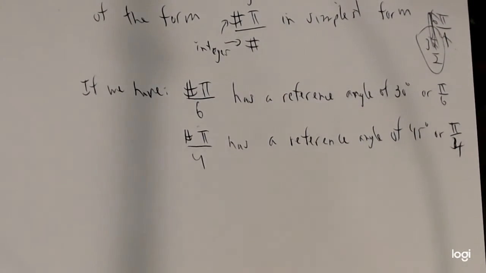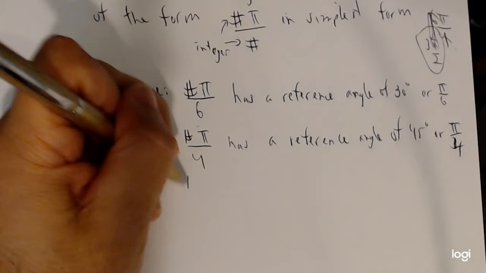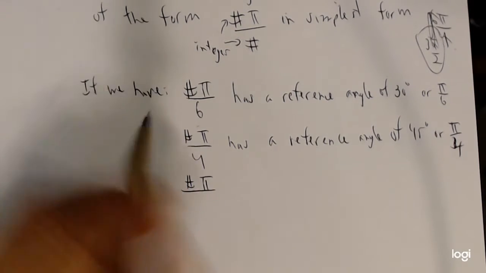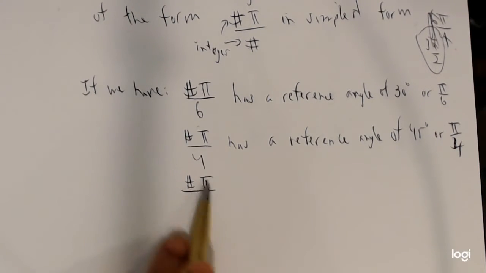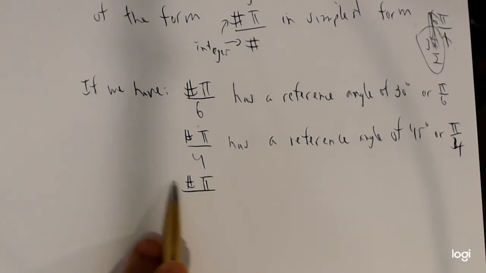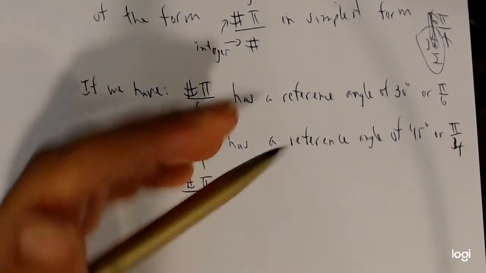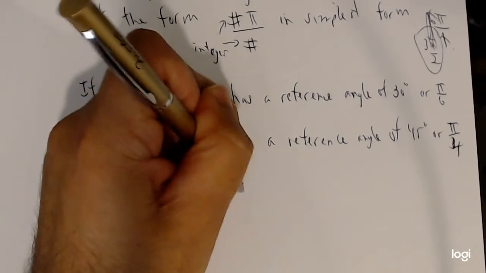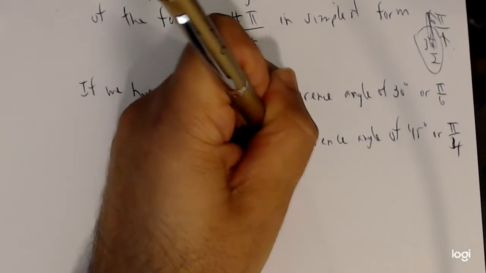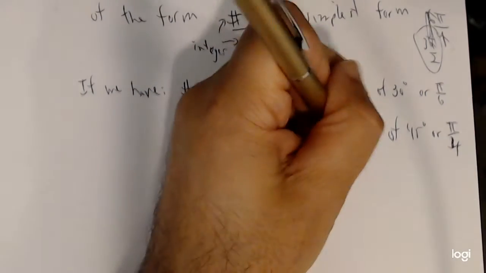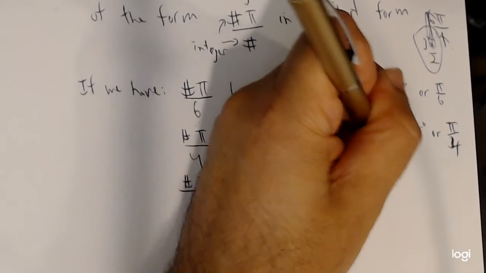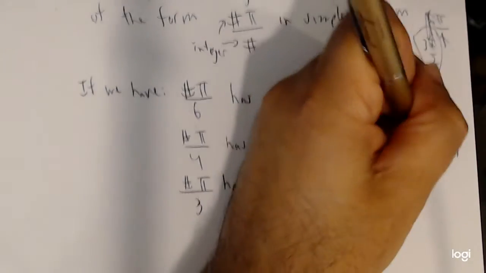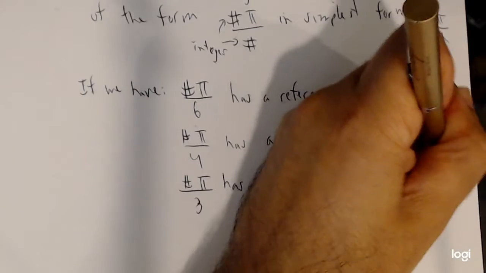And then the next one is, if we have a number pi over 3. This is just a number pi. We don't care, it could be negative. We don't care about the sign as long as it's an integer pi over 3. This has a reference angle of 60 degrees, or pi over 3.